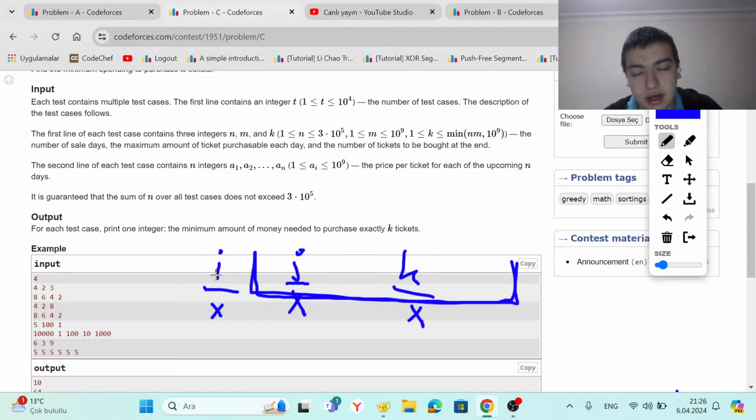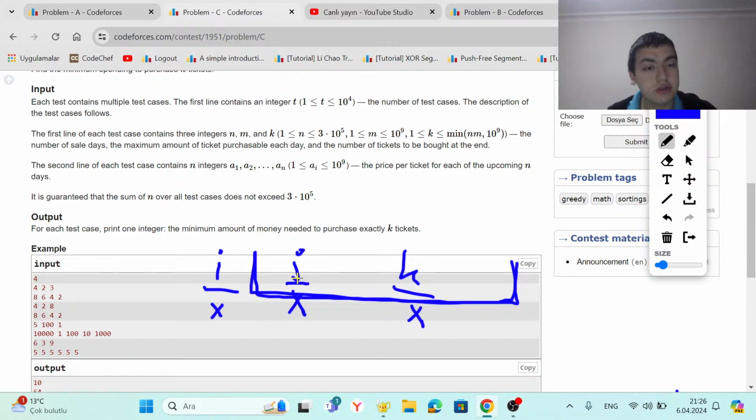Before choosing I, if choosing J is better than choosing K, then after choosing I, J is still better than K. And if choosing J is not better than choosing K, after choosing I, J cannot be better than K, because we have added the same amount, so K will still be better than J.